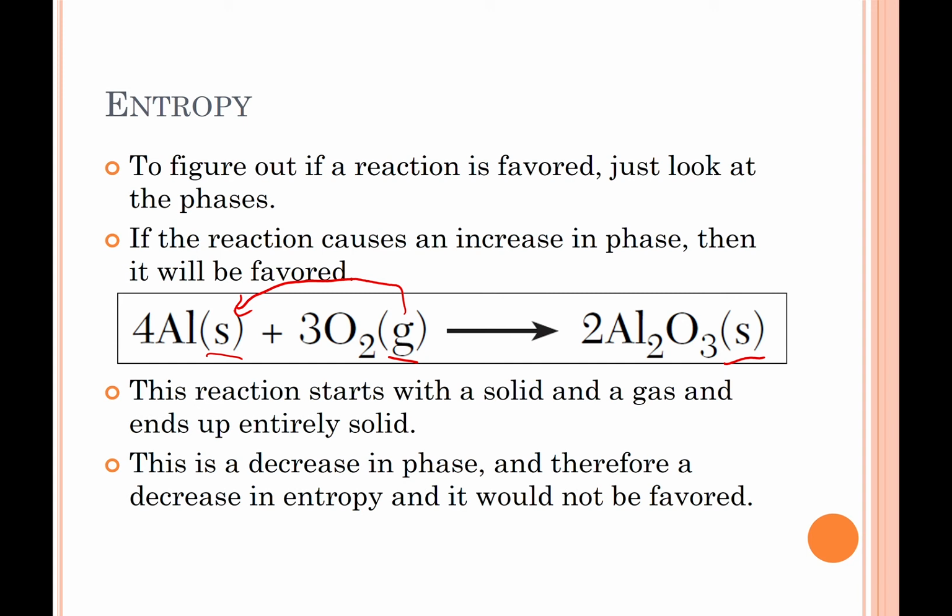This takes a lot of energy to do that. And we're trying to order something which doesn't want to be ordered in a solid. So this is a decrease in phase. We're getting more ordered since we're only in a solid now, becoming less random. This is a decrease in entropy and is therefore not favored.